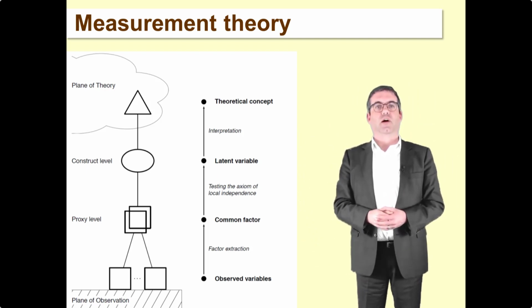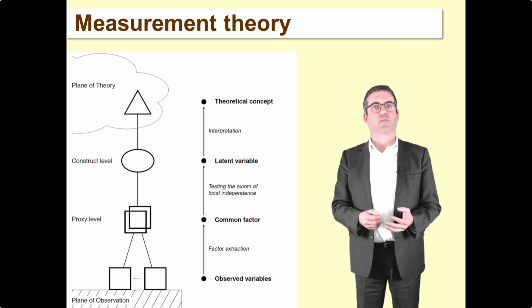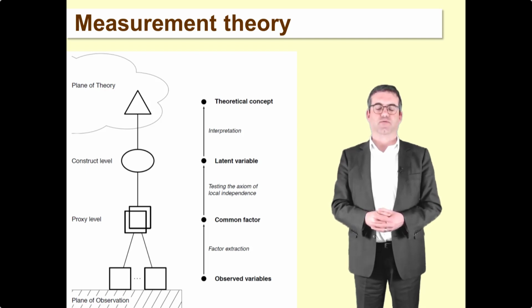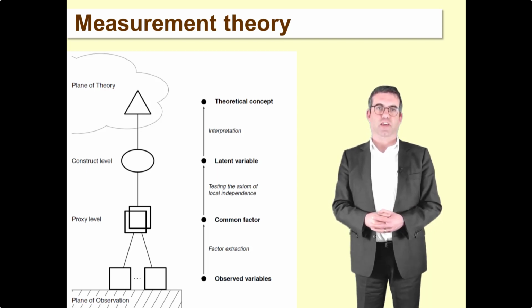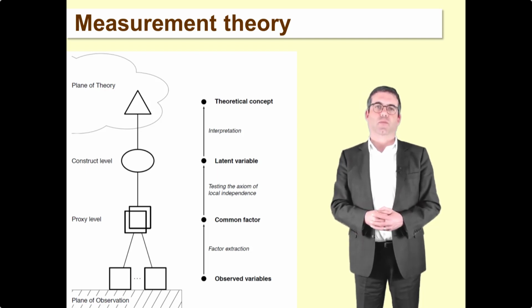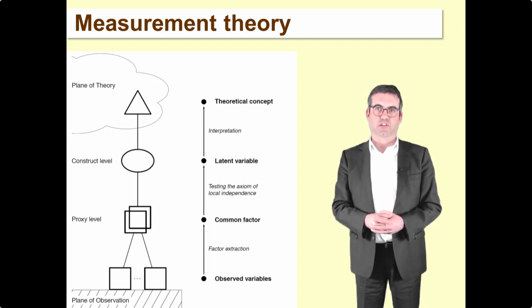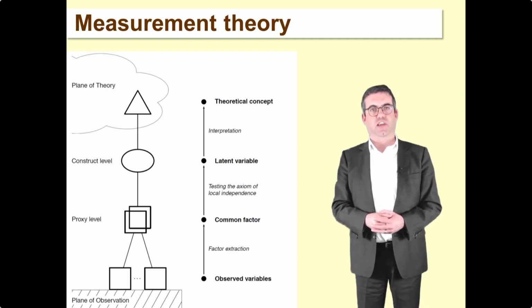Firstly, a common factor is extracted from the observed variables. This is then a proxy for our abstract concept. If this common factor explains the common variance of the indicators, that means the axiom of local independence holds, then this common factor is elevated to a latent variable.